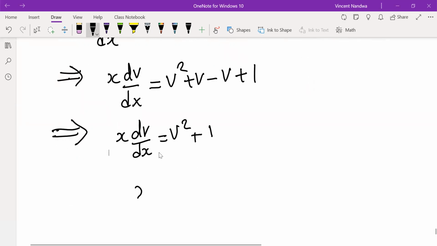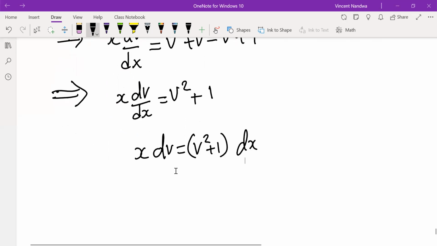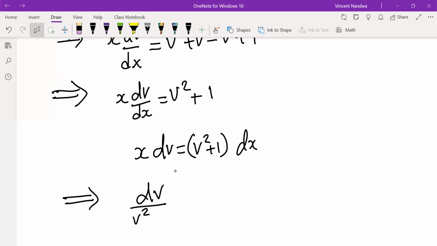So multiply through by dx, so x dv will be given by (v squared plus 1) dx, and then separating variables, you have dv over (v squared plus 1) equals dx over x.